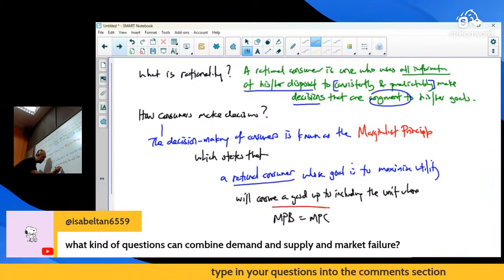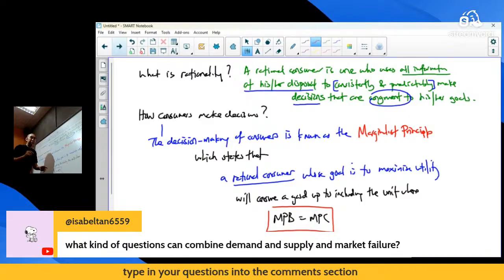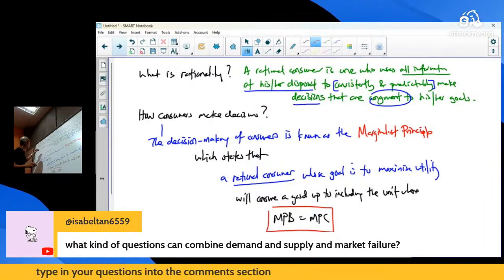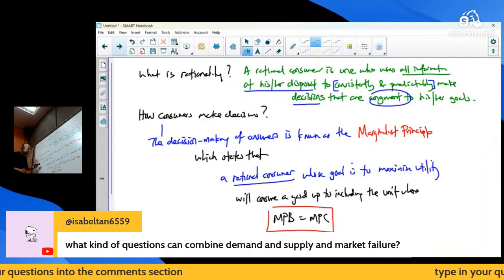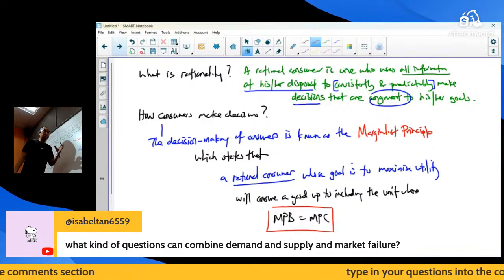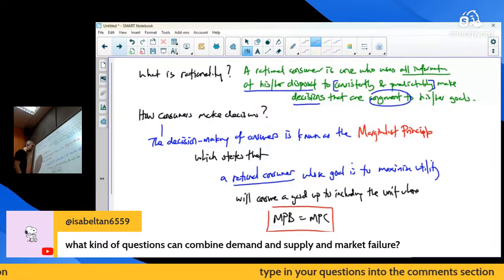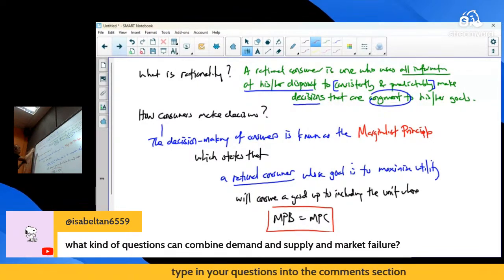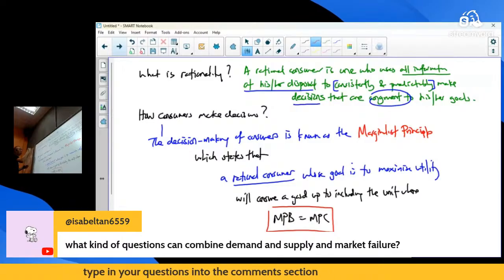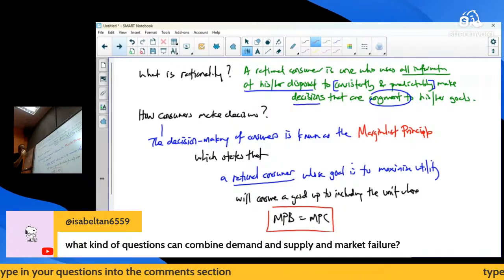So this is the statement of the marginalist principle. So once you define rationality, you claim that the consumer's decision making is based on the marginalist principle, you state the marginalist principle, then you go on to explain the process whereby the consumer makes decisions.